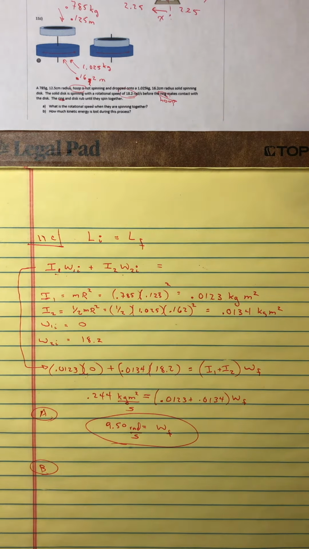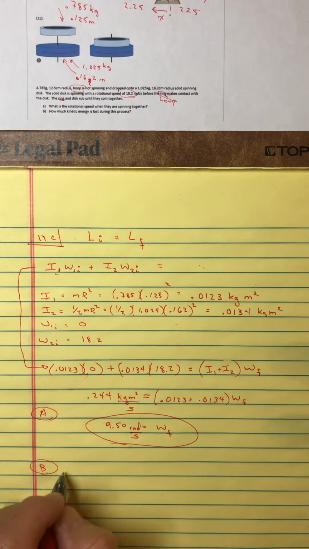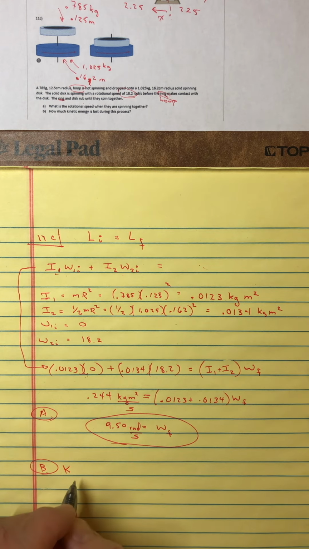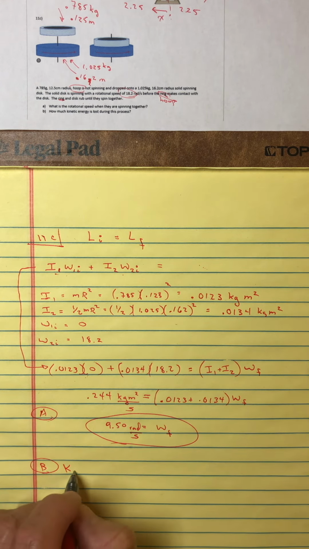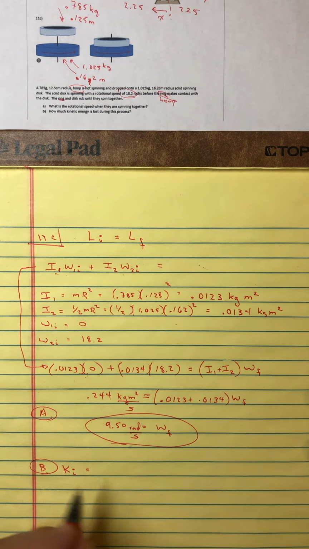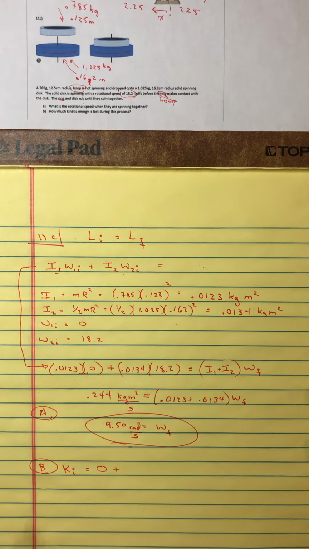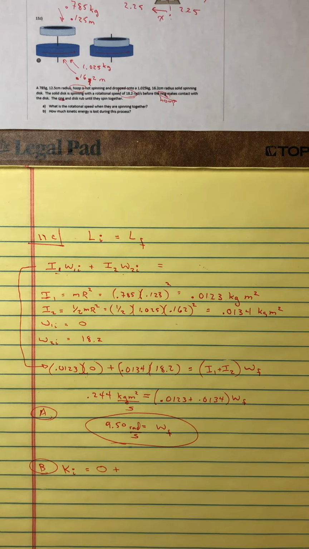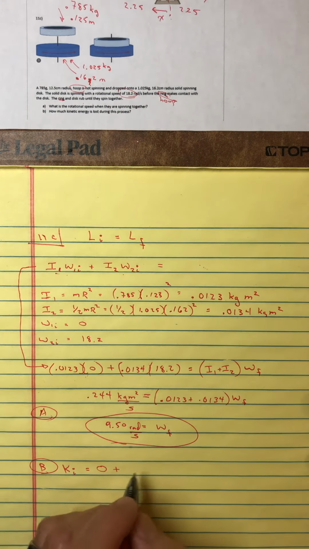And the other half of this problem is talking about the kinetic energy. So we want to see how much is lost. So we might say, well, what did you start with? And you might say, well, 0 from the hoop or ring because it's not spinning.